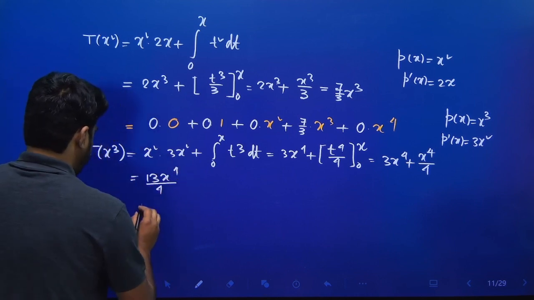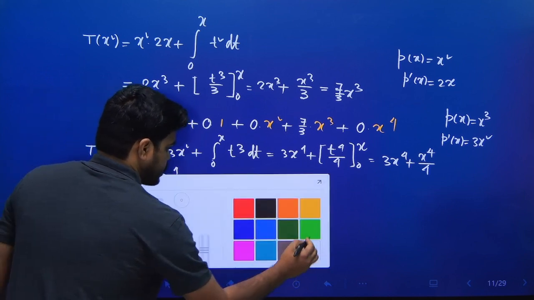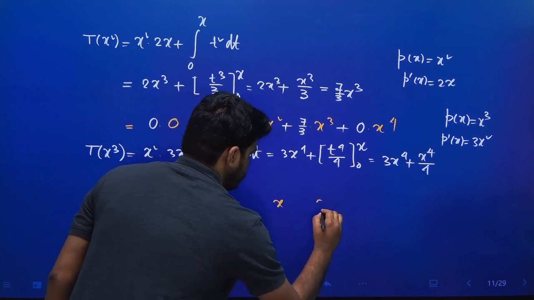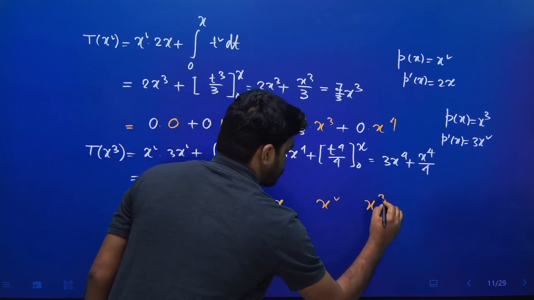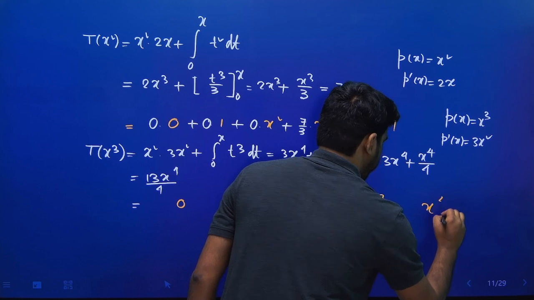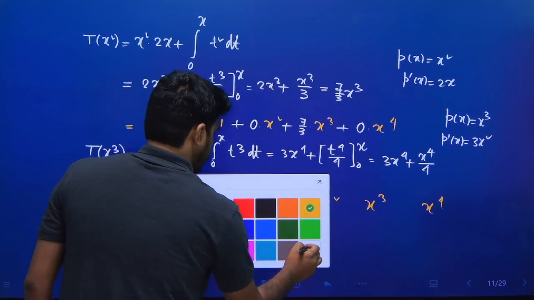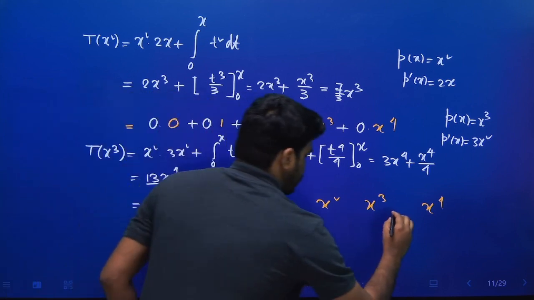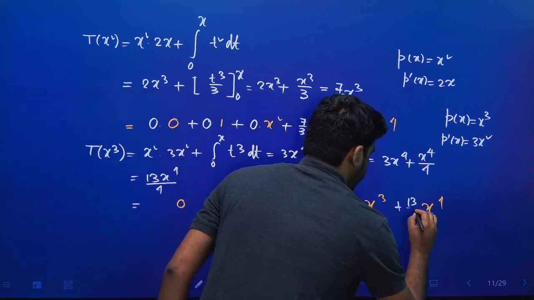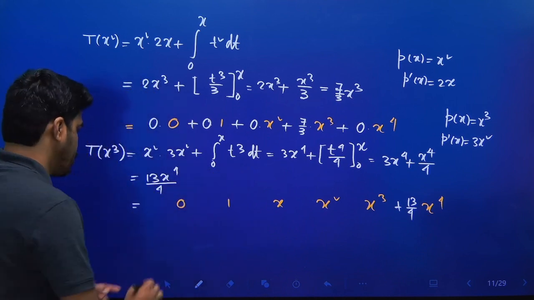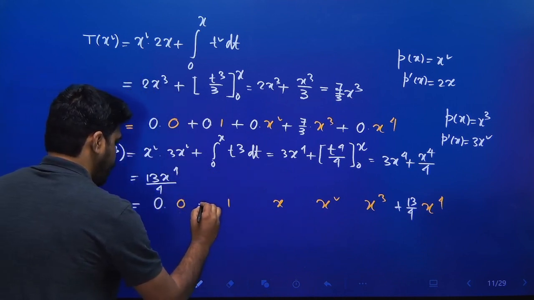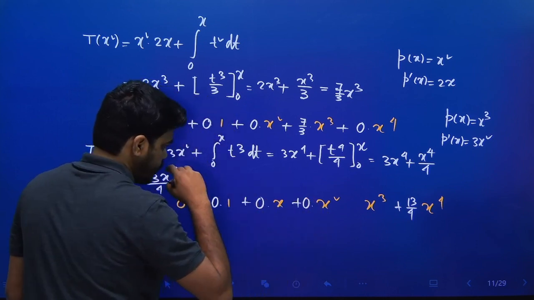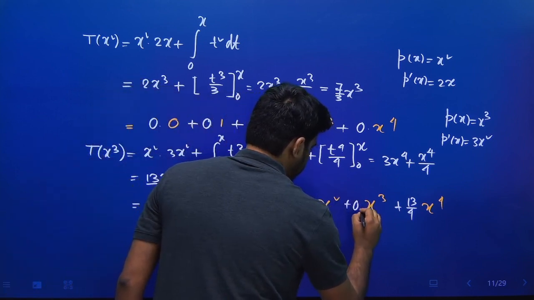We have to express this as a linear combination of 0, 1, x, x square, x cube, x to the power 4. Just see, we get x to the power 4 into 13/4. So this will be 13/4. There is no other term here, so that is 0 into 0 plus 0 into 1 plus 0 into x plus 0 into x square plus 0 into x cube.